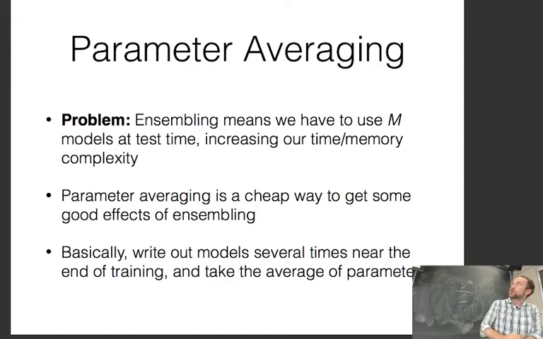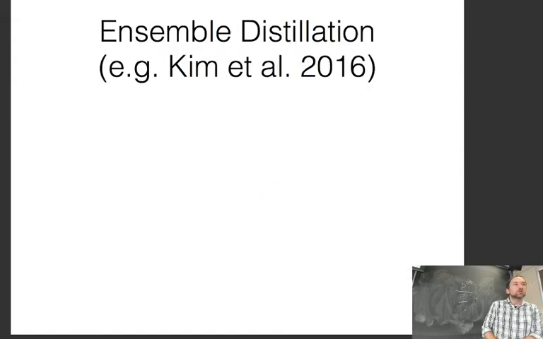But why is the average better than the optimal one? The average is better than the optimal one for the same reason ensembling tends to work better than the best one. It's just because each individual model has kind of strange points. One intuitive explanation for why each model has strange points is because we're doing online training. And online training tends to like the data that it's seen more recently.